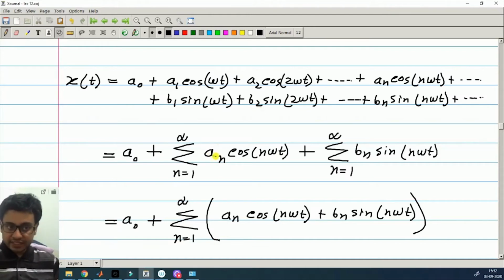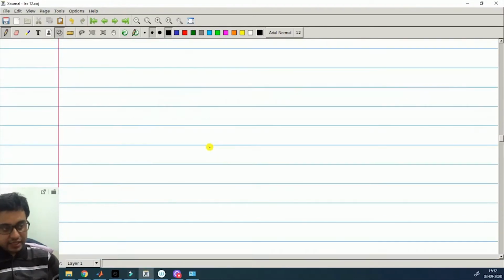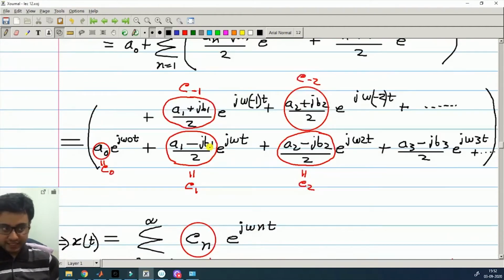The coefficients an, bn that we had earlier for real valued Fourier series and the new coefficients Cn that we have for complex Fourier series are definitely related to each other, as you can see from these definitions.